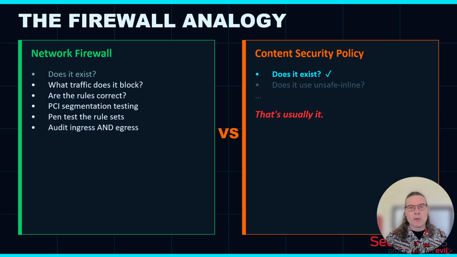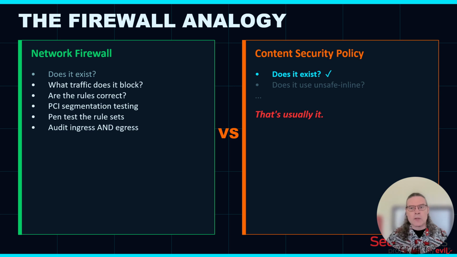And quite often during an audit or an assessment or a pen test of a network where there is supposed to be a firewall, we spend some time scrutinizing that. But when we look at a content security policy, it is treated as, oh, it's just another control, but nobody really uses it. And very often, what we see in any sort of audit, and part of this may just be because people don't really understand the content security policy, is they just say, hey, do you have one?